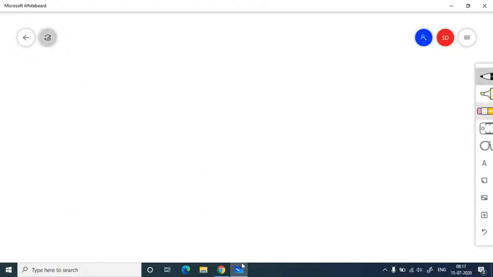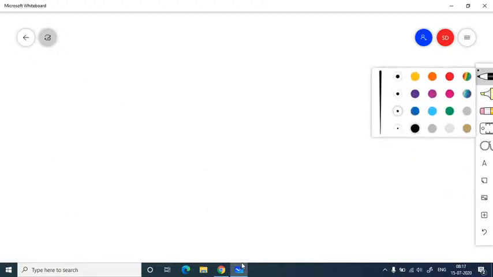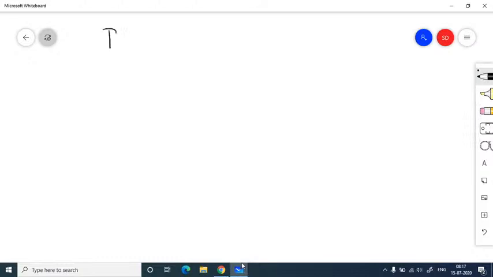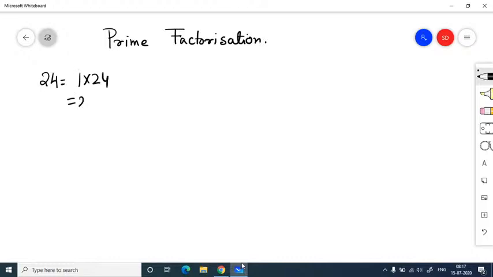Okay. Now let us start with prime factorization. Now what we did just now with 24 was simple factorization, only factorization. So 1 into 24, 2 into 12, 3 into 8 and 4 into 6.